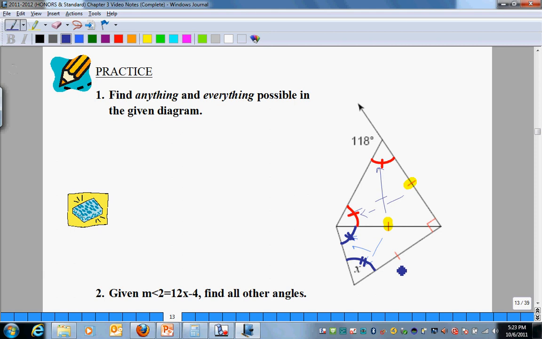So now I'm going to find anything and everything that we can find. Let's start with something simple. Let's start with the angle that we have. If that's 118, and that's 180 degrees, so we can go 180 minus 118.